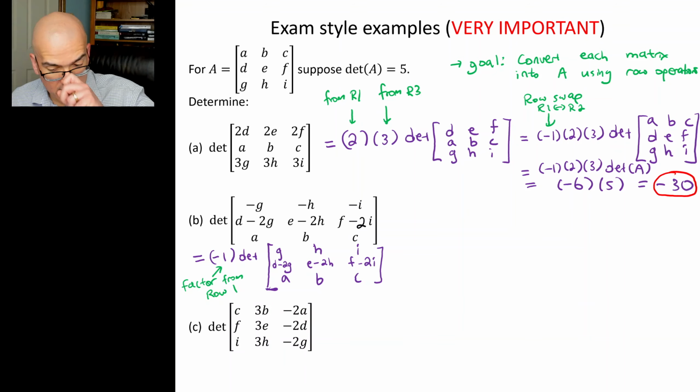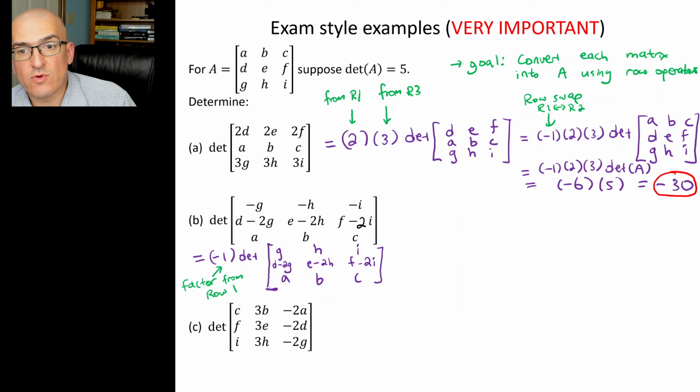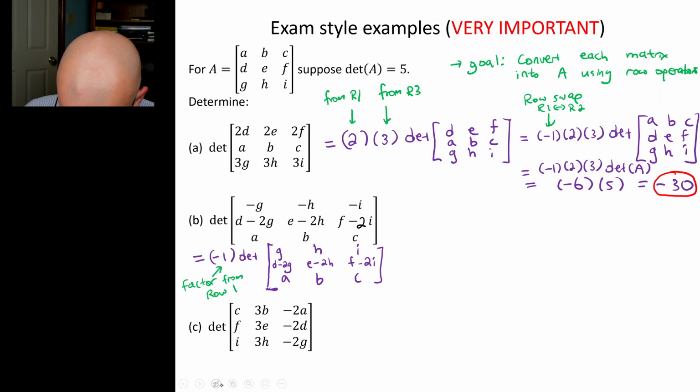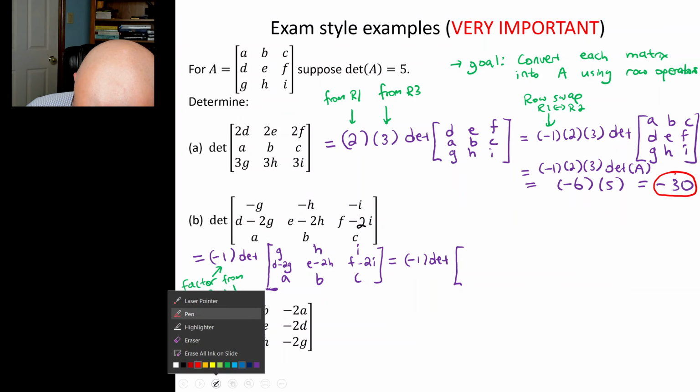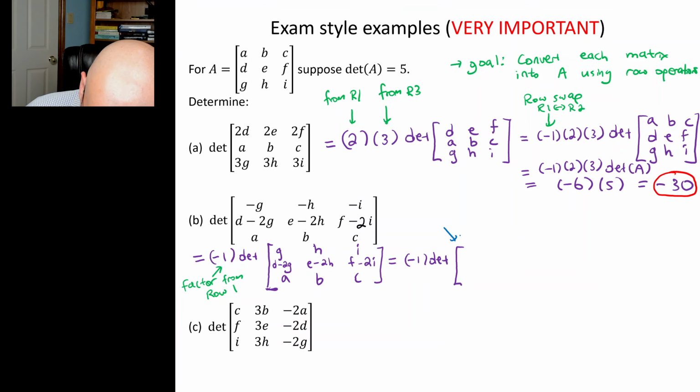Next, I want to get rid of those -2g, -2h, -2i. So what I'm going to do is I'm going to replace row 2. So this is a free move.